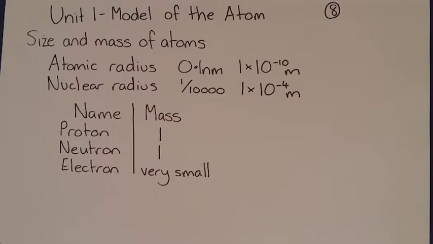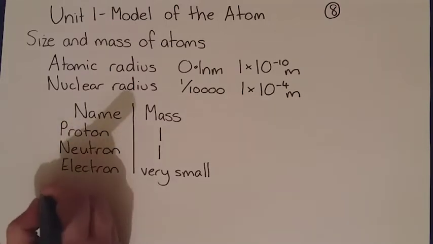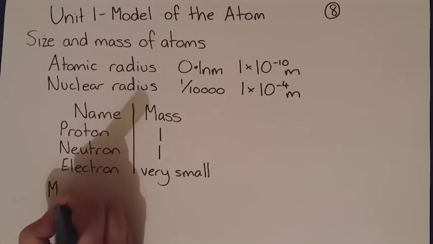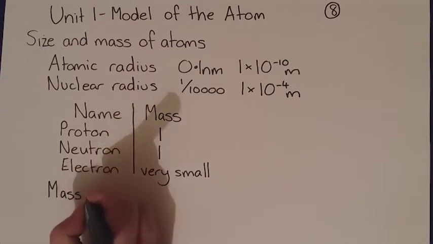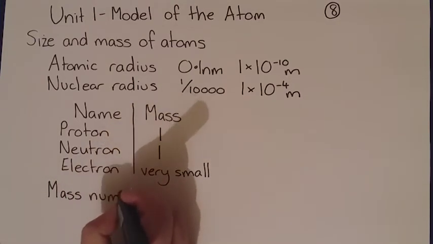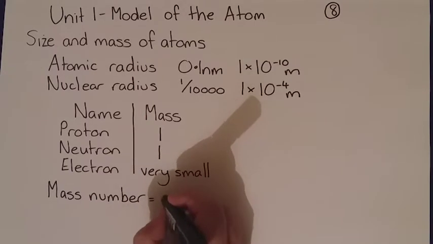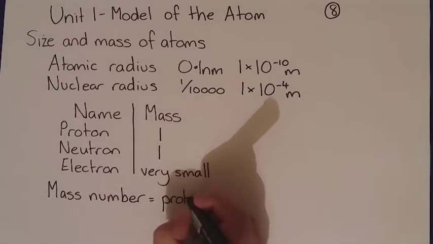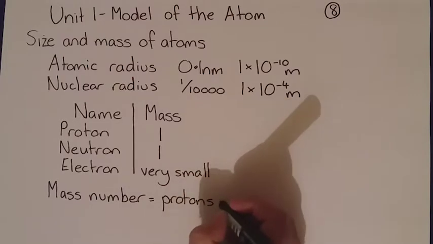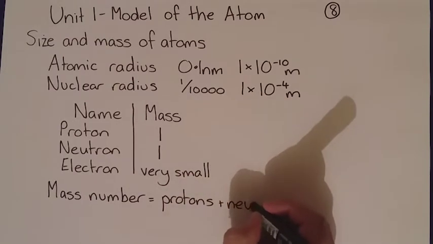One of the facts about an atom that we use is called the mass number. The mass number of the atom is equal to the sum of all of the protons and all of the neutrons in the atom.